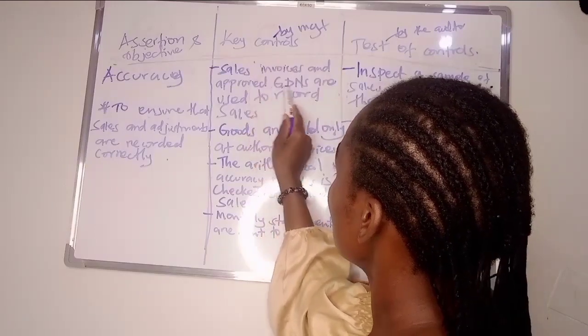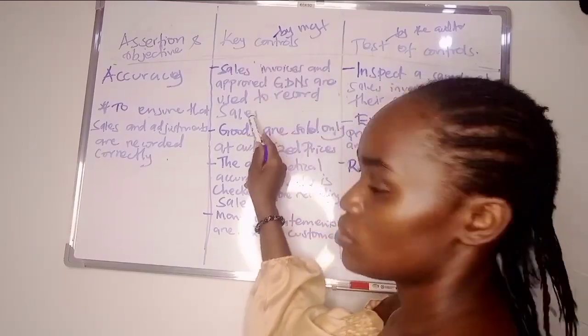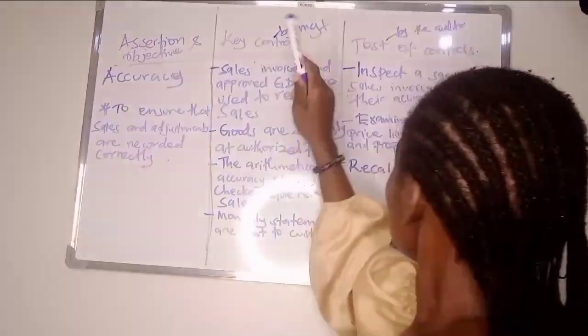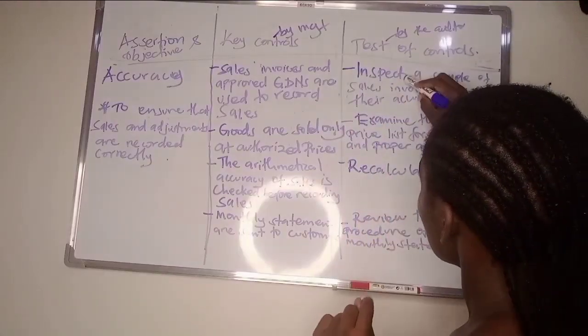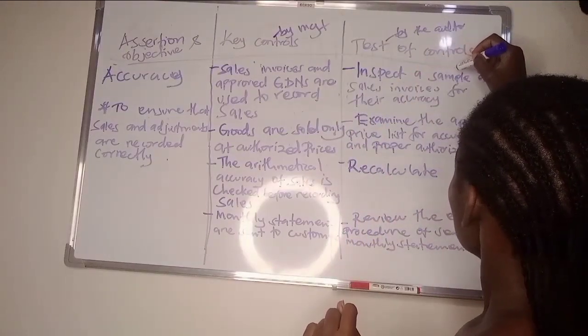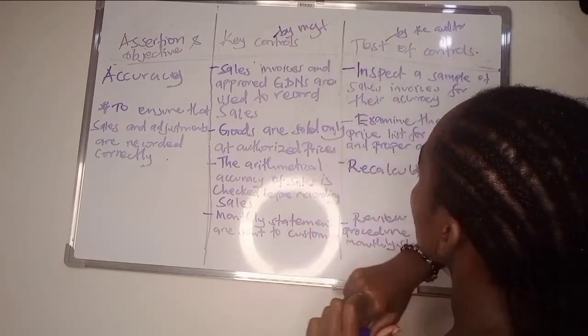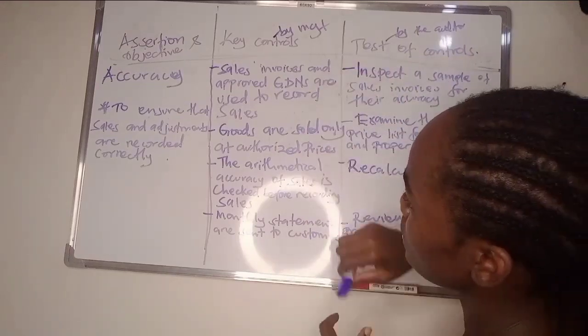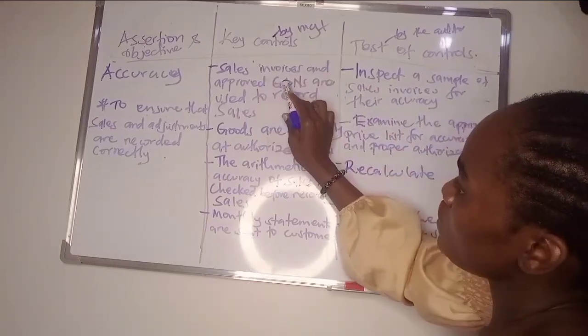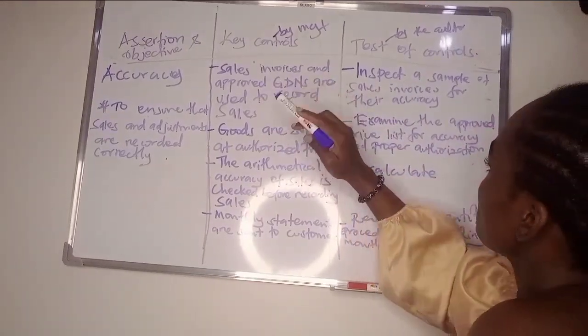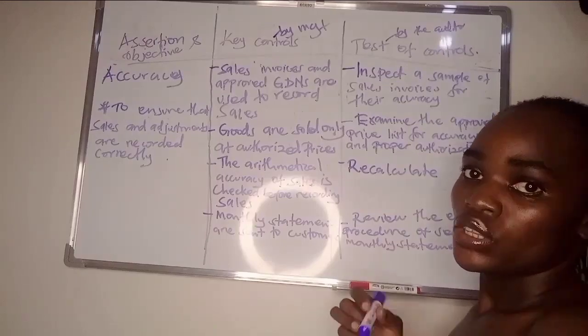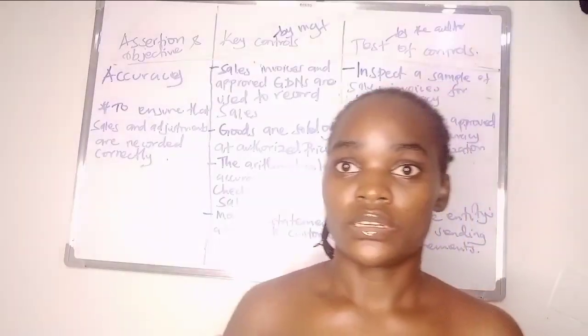So this control says sales invoices and approved GDNs are used to record sales. So the test of control will be to inspect a sample of sales invoices and GDNs for their accuracy, to see if they are really accurate.